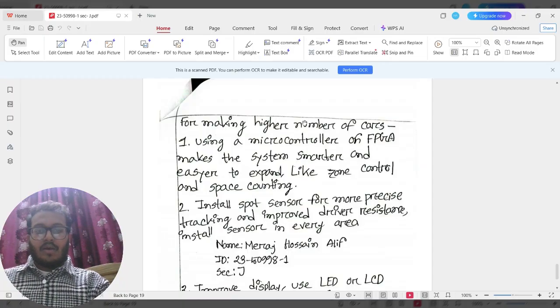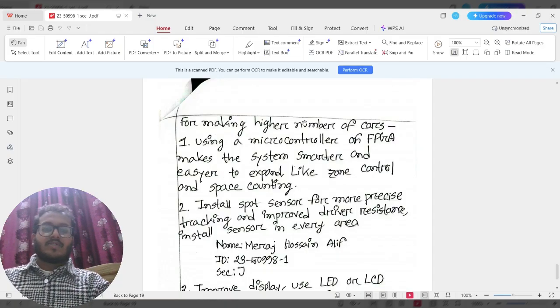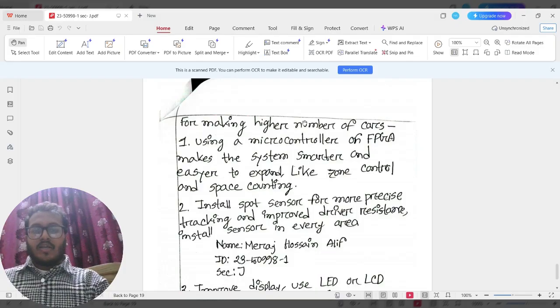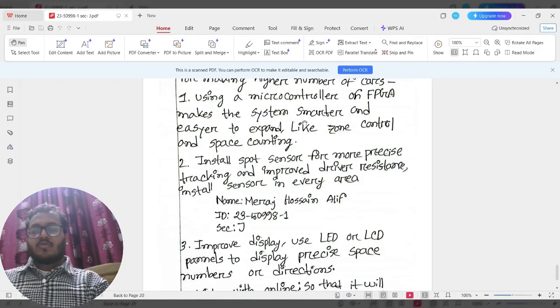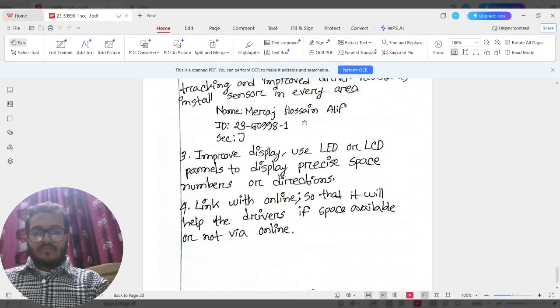We use a microcontroller or FPGA, which makes the system smarter and easier to expand, with zone control and space counting. Also, we install spot sensors for more precise tracking and improved driver assistance, with a sensor in every area.